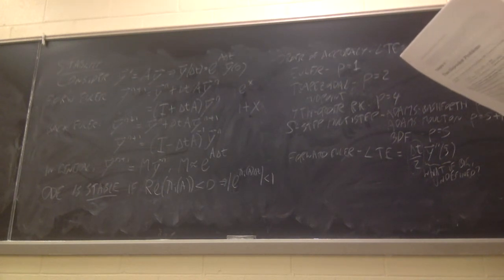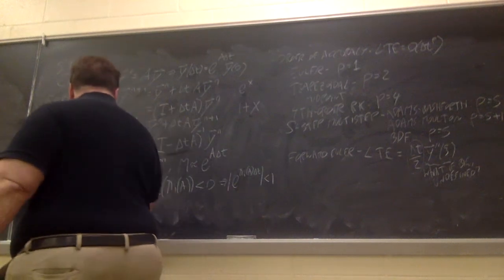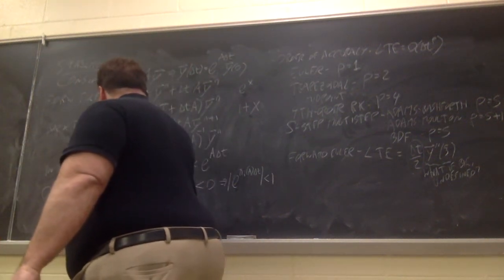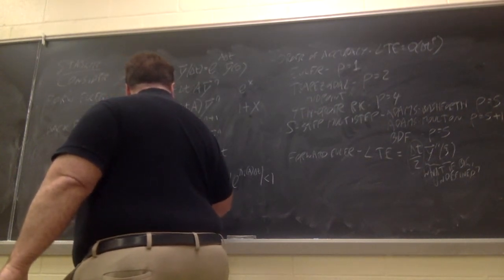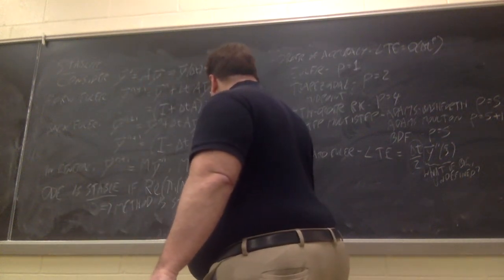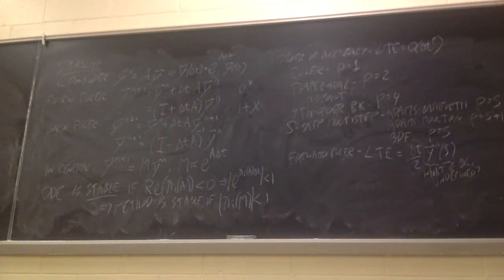So what about the numerical method? A method is stable if the eigenvalues of M are less than 1 in absolute value, so that we get the same behavior, that the numerical solution is not blowing up.